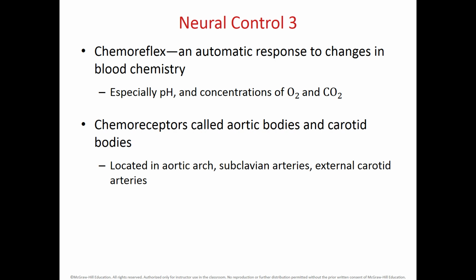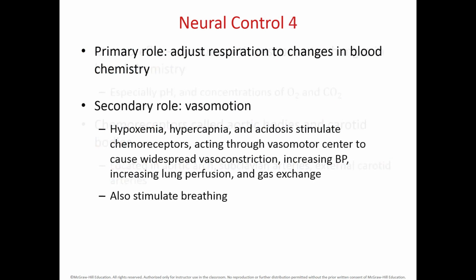Again, we have the chemoreceptors within the aorta and within the carotid bodies. So when you have these changes in the chemistry of our blood, you can adjust respiration as a primary role, and you can change the diameter of the blood vessels, or vasomotion, as a secondary role.